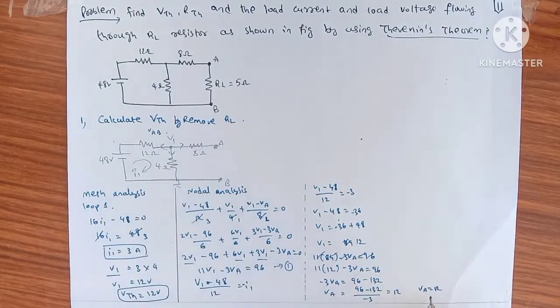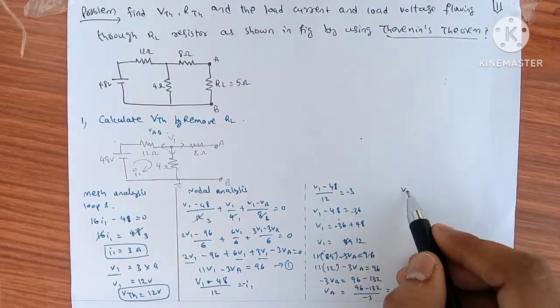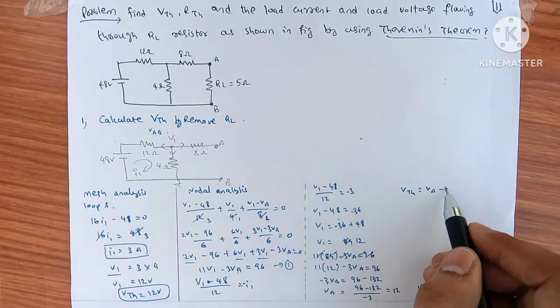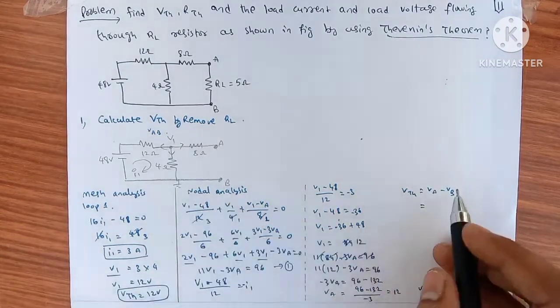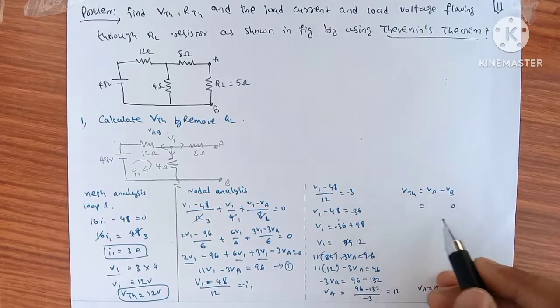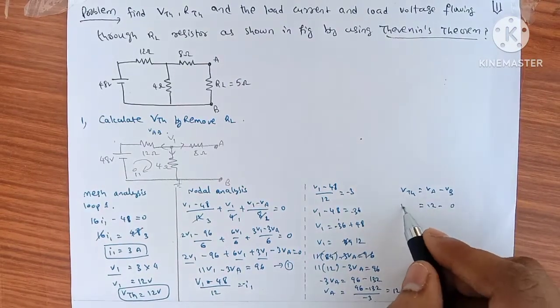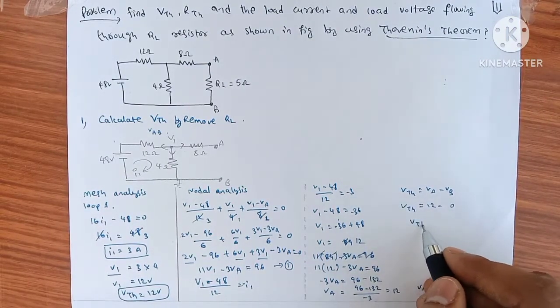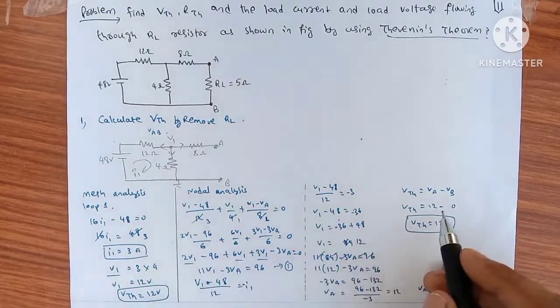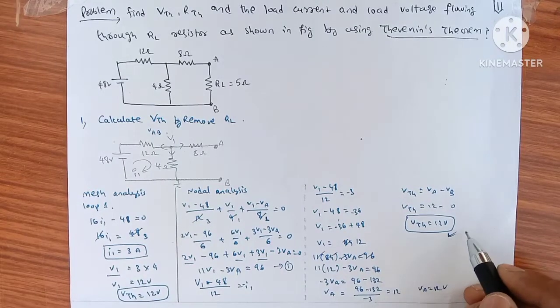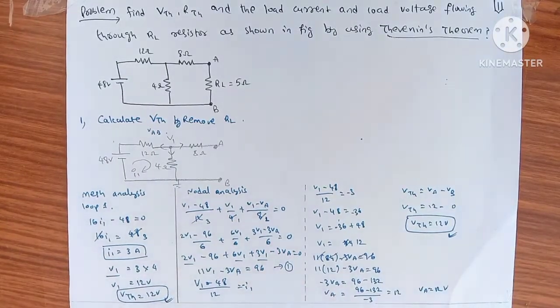Now VA is not VTH. What is VTH? VTH is equal to VA minus VB. We have taken VB as the reference node, so VB is equal to 0. Now VA is equal to 12, so VTH is equal to 12 volts. Hence from mesh analysis and nodal analysis we obtained VTH as 12 volts.